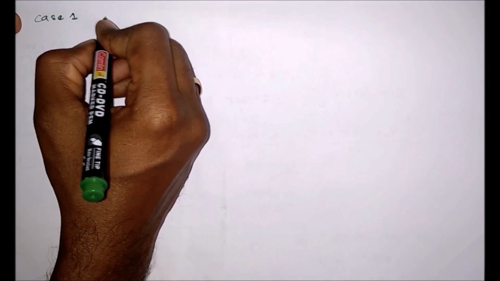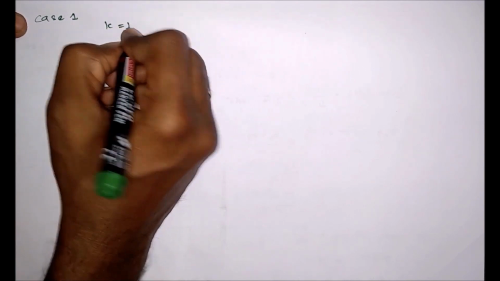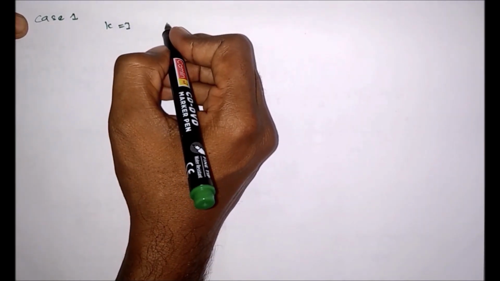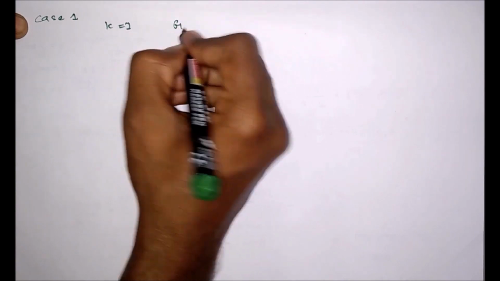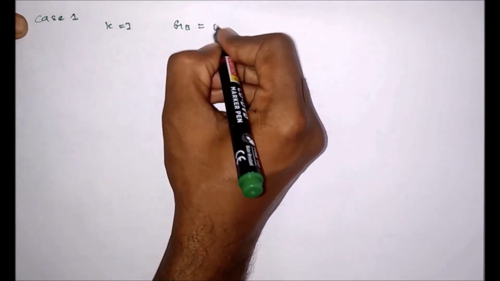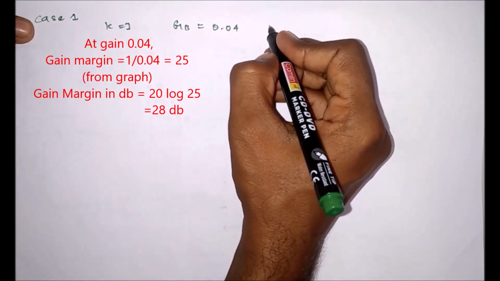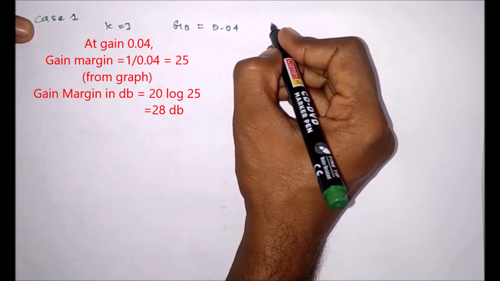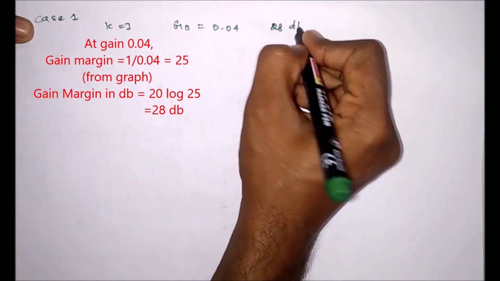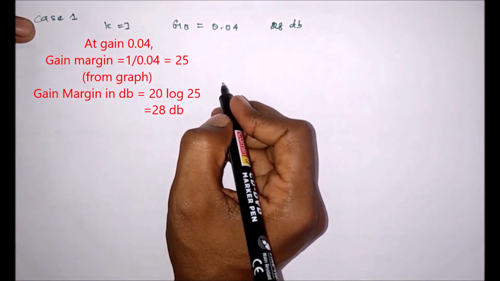Case 1, for K equal to 1, the corresponding gain equal to 0.04, then gain equal to 28 decibel.